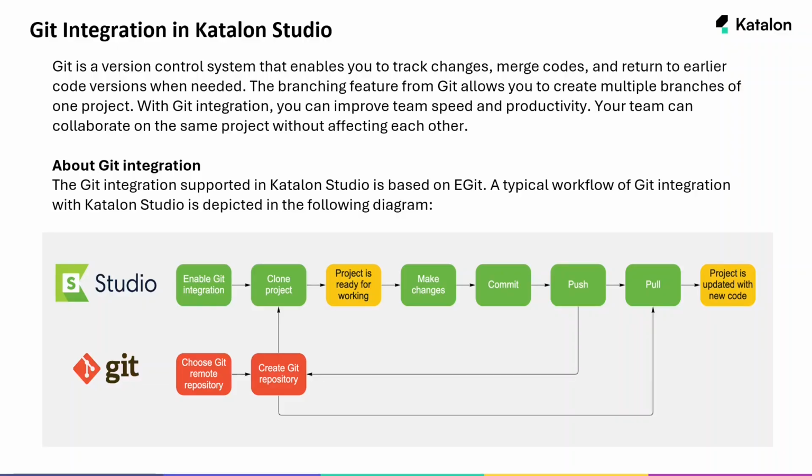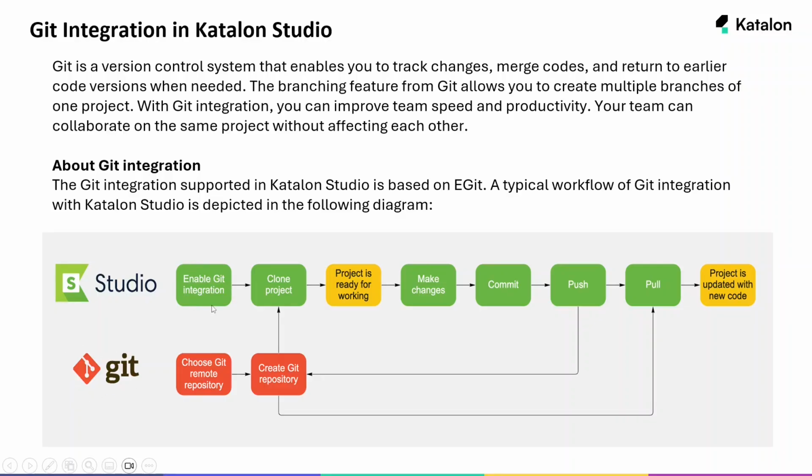The Git integration supported in Katalon Studio is based on EGit. A typical workflow of Git integration with Katalon Studio is depicted in the following diagram. If you see this diagram, this is your Katalon Studio and this is your standalone Git application.